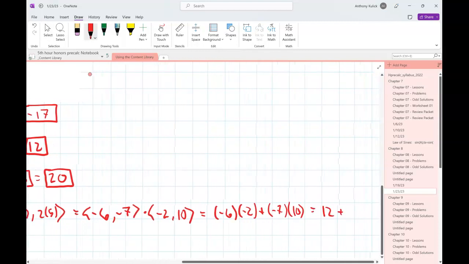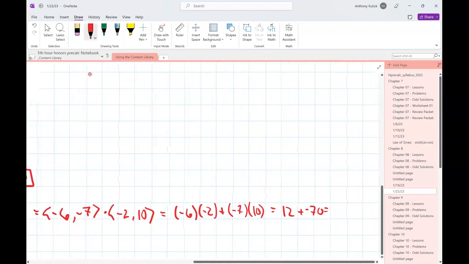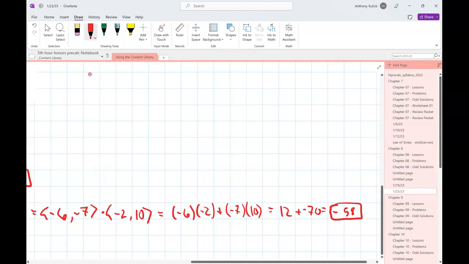So 12 plus negative 70 is negative 58. Is everybody okay with what I did there?